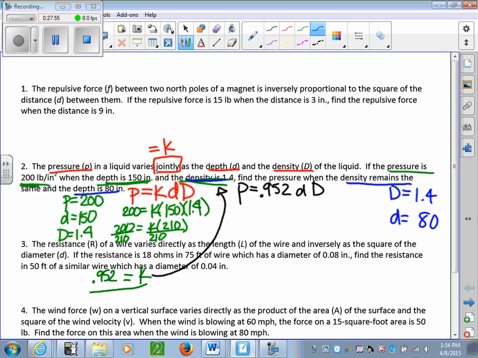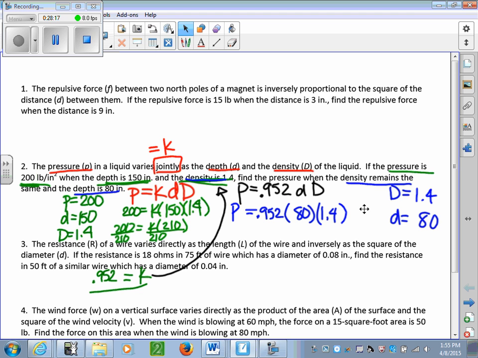Alright, now I just plug these in. So I have 0.952 times my little d, which is 80, and big D, or density, which is 1.4, equals the pressure, which is what I'm looking for, so that'll just stay as P. Now I just put all these in my calculator.